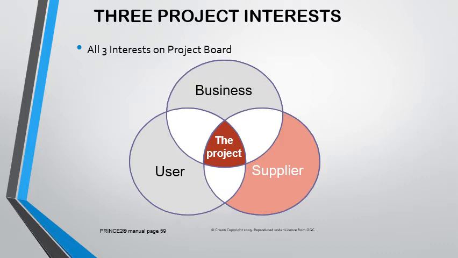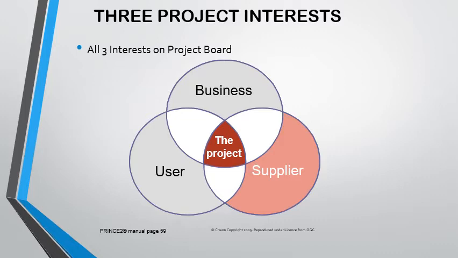Now, for every project, there has to be what we call interests that are involved on the project. Now, these three interests should be present for us to have a balanced decision on the project. Now, we have the three to be business, user, and supplier.